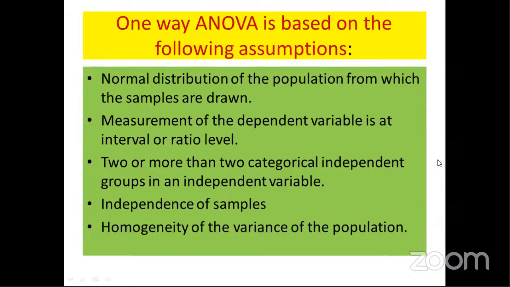So we have those following assumptions, no? Another is, of course, the distribution or the population should be homogeneous, and you should know the population variance, no? So those are the assumptions that you have to satisfy so that you can use one-way analysis of variance.